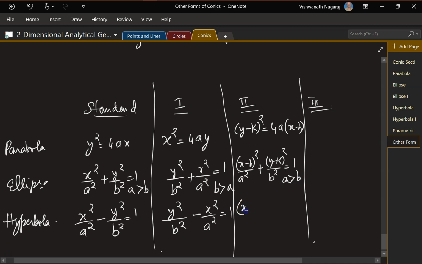Here x minus h square by a square minus y minus k square by b square is equal to 1.